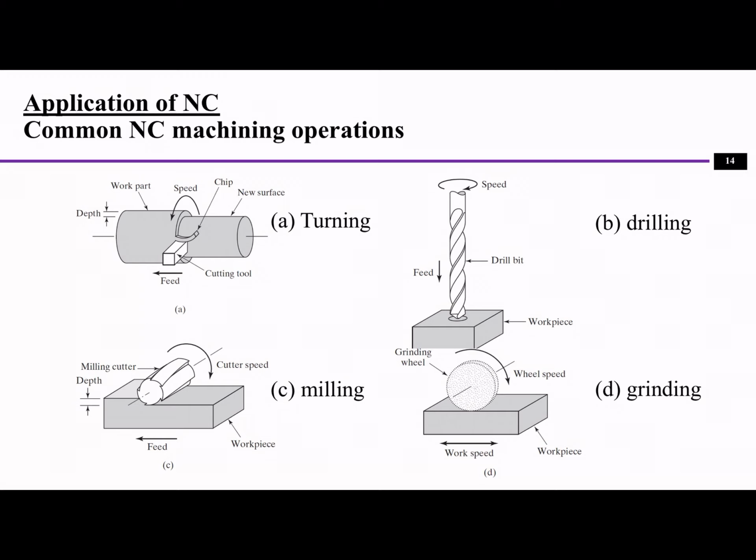You're familiar with the drilling, and probably also familiar with the grinding. So these are very common machining operations in manufacturing, especially when you are working with metal materials. And CNC machines originally started with those machining operations.